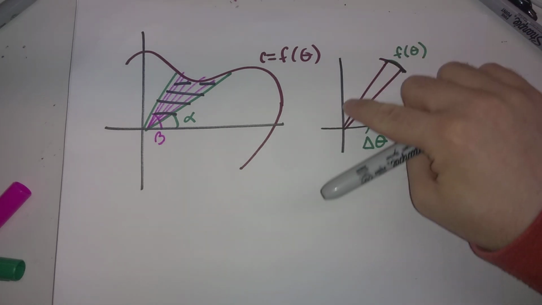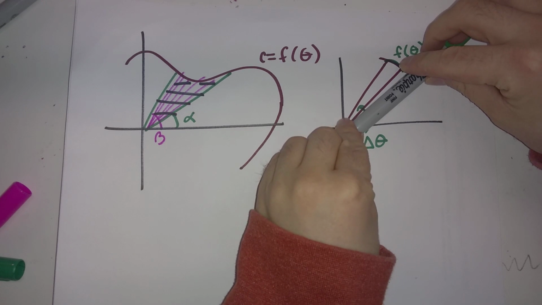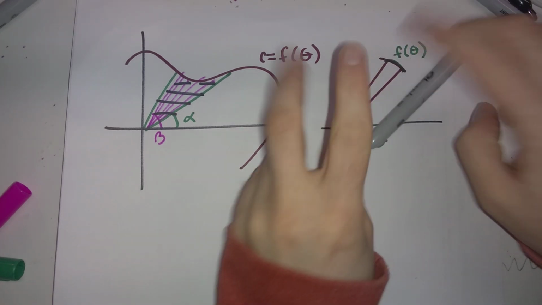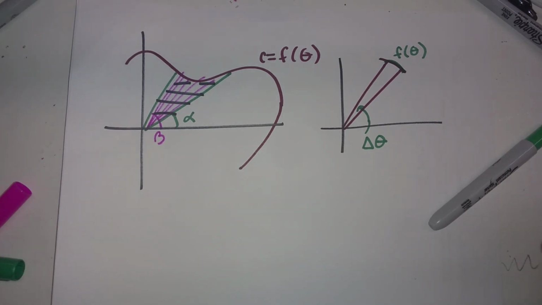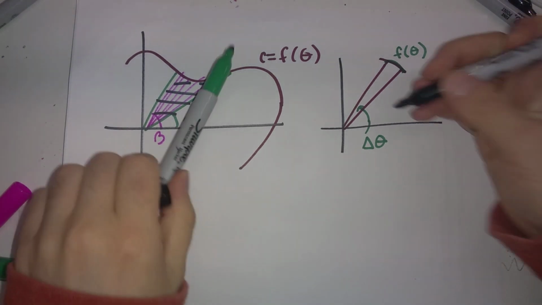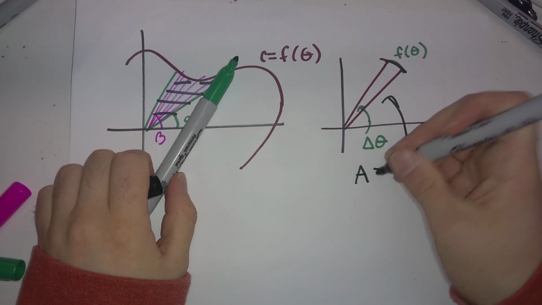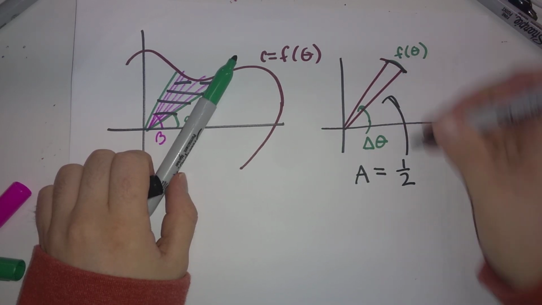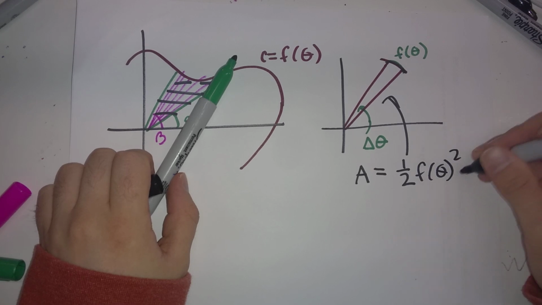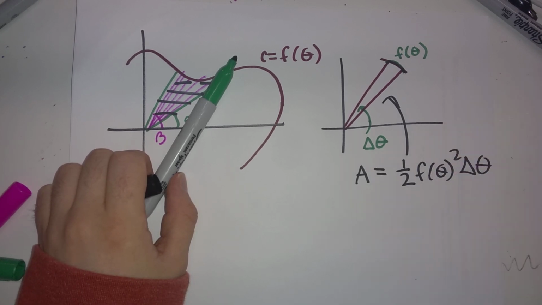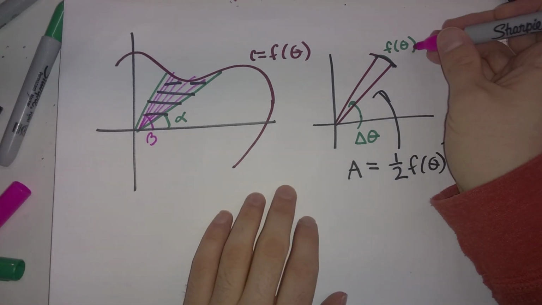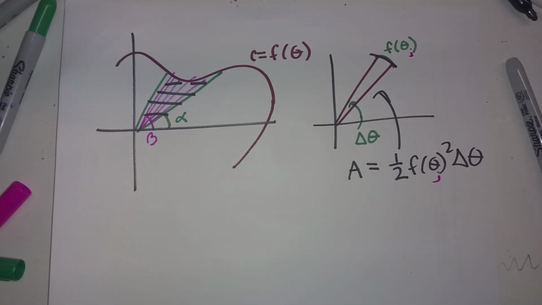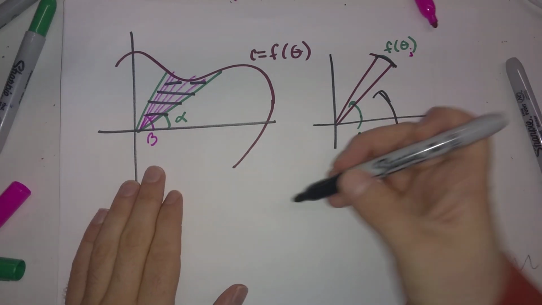Well, what's the area of the sector? What's the area from here to here? What's the area of the kind of pseudo triangle bounded by this, this, and this? So high school geometry tells us that this has area equal to 1/2 times f of theta squared times the angle delta theta. Maybe I should be sticking a theta sub j here, because at this point what we're going to do is turn this into a Riemann sum.